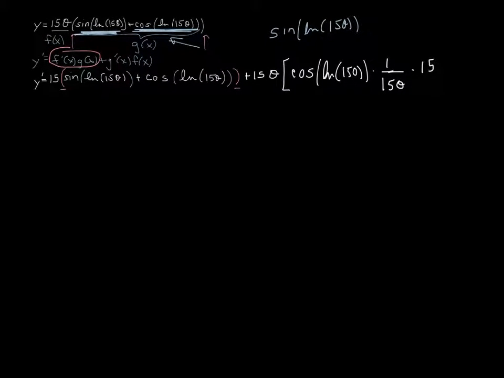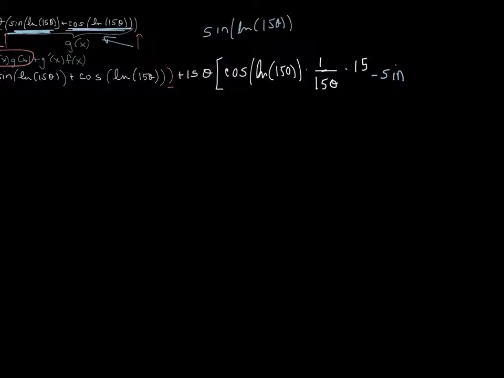So trying really hard to squeeze this in, not sure I'm going to get it. The derivative of the cosine is minus sine. So I'm going to have minus sine, and I leave the inside alone, which is ln of 15 theta.